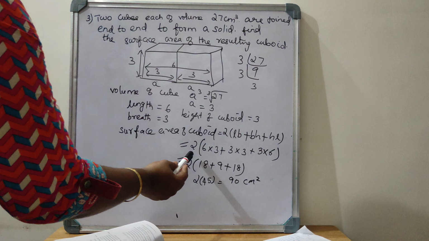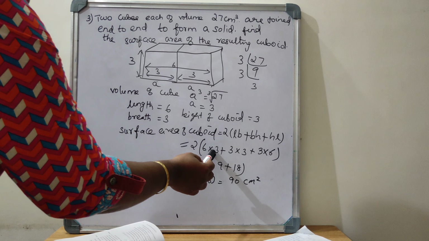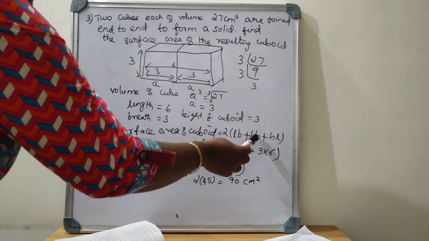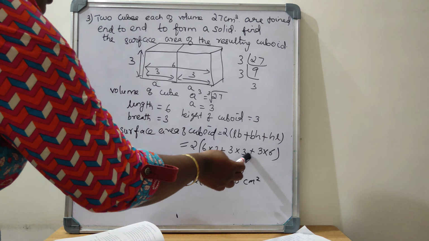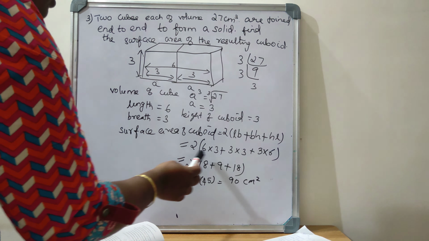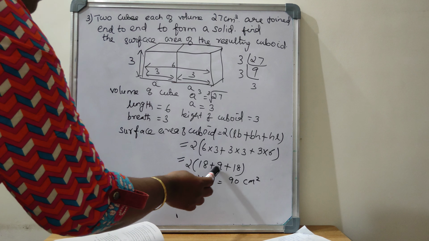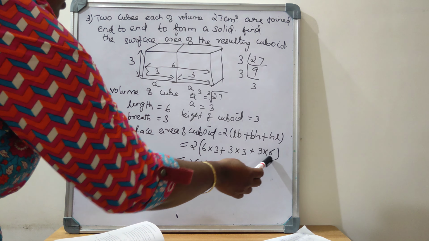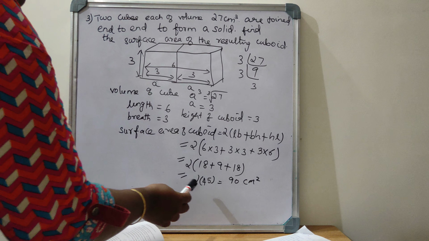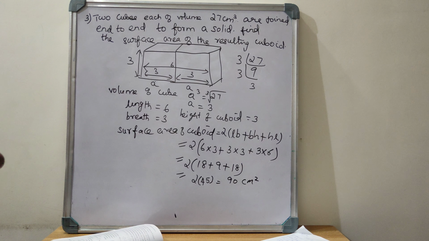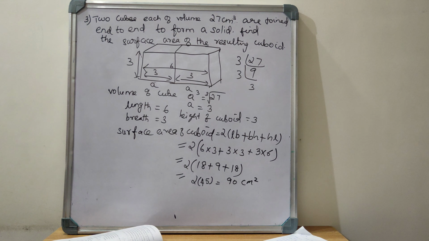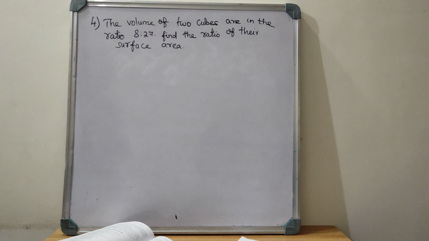So we are going to substitute the values: 2 into length is 6 into breadth is 3 plus breadth is 3, height is 3 plus height is 3, length is 6. So 2 into 6 3s are 18 plus 3 3s are 9, 3 6s are 18. So 2 into 45 that equal to 90 centimeter square. So the surface area of the cuboid is 90 centimeter square.